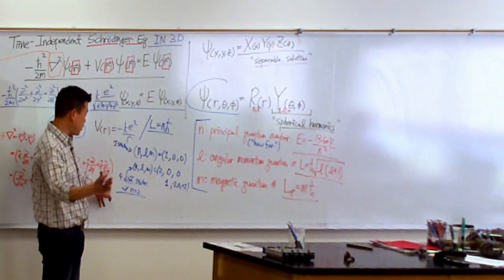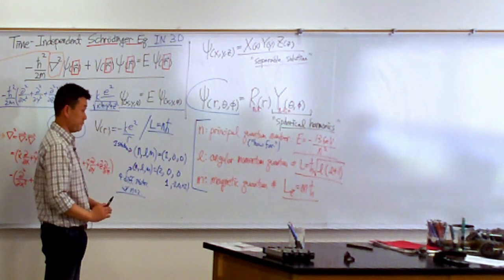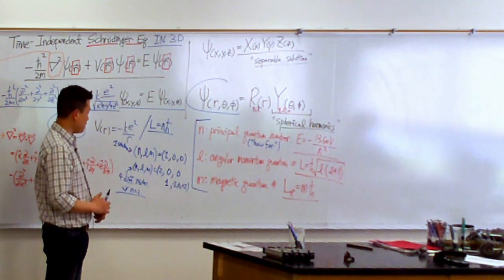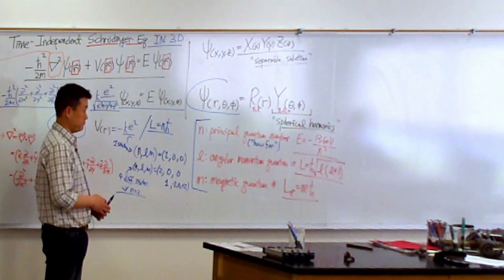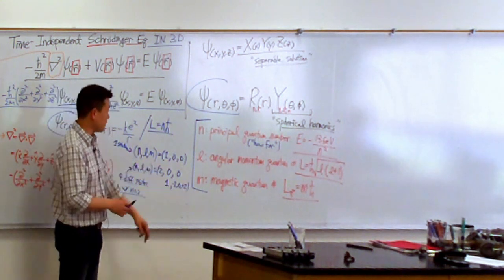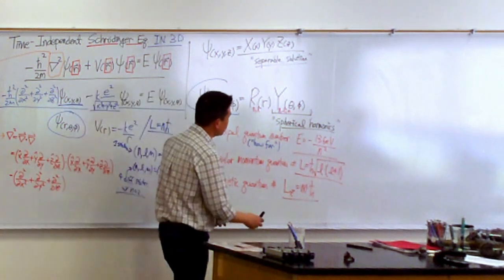For each of those states, we can imagine measuring the energy of the electron. What do you think is the energy of the electron in this N equals 2 state? Like you're looking at this formula here, right?